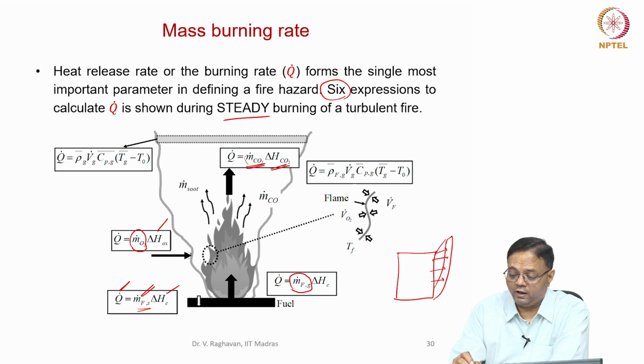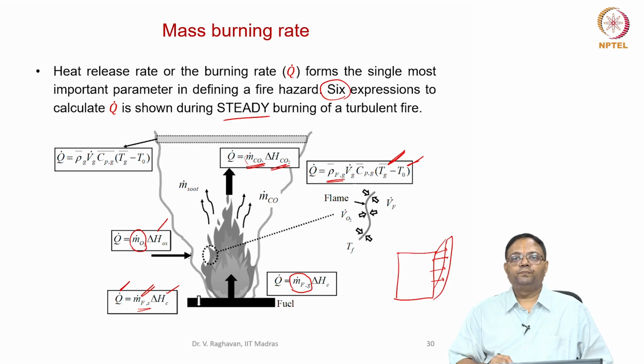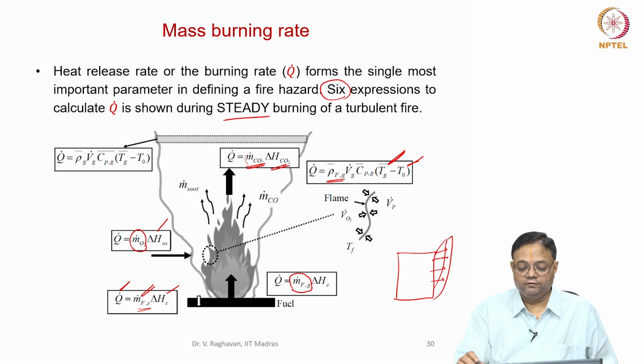Then I can say the density of fuel in gas phase into volumetric flow rate of the gases into Cpg into average gas phase temperature minus the fuel initial temperature, that also will give you the heat release rate.